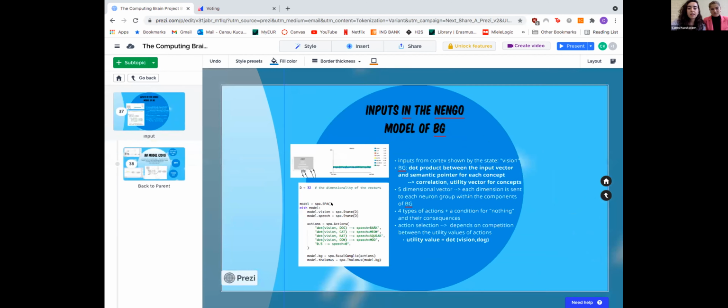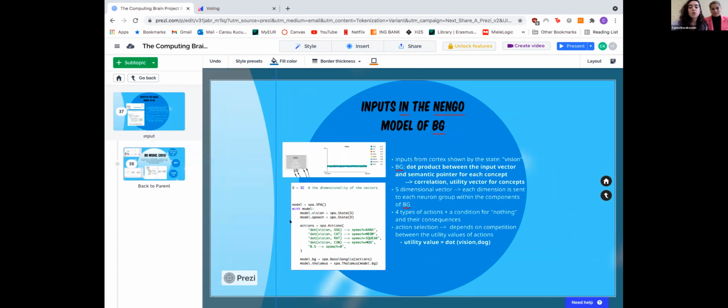And now we see here that we have 4 types of action. So we have the first action, dog. The basal ganglia receives in the input every possible concept that is perceived at that moment. It looks at the input vector and says, okay, I know the semantic pointers for each action that I already know in the system, and it gets the correlation via the dot product to see how similar the input vector is to the weights that I've encoded, looking at the semantic pointer.